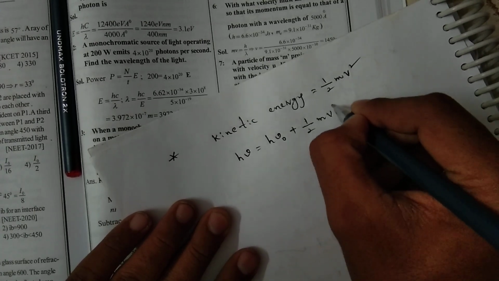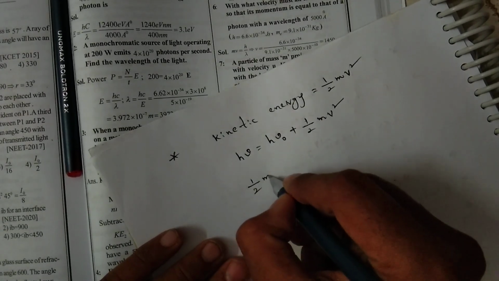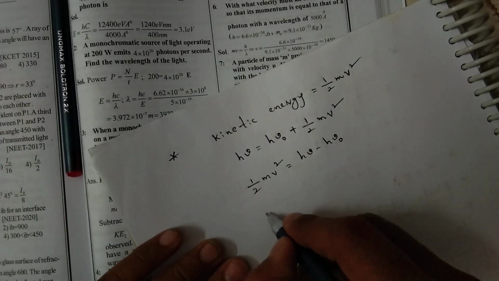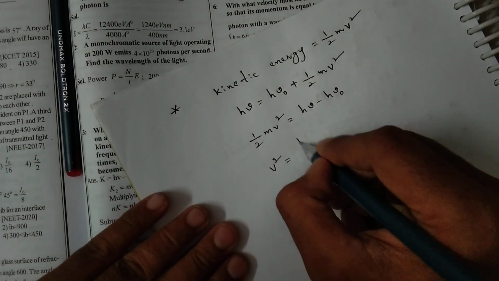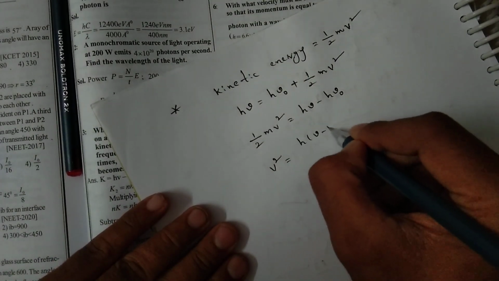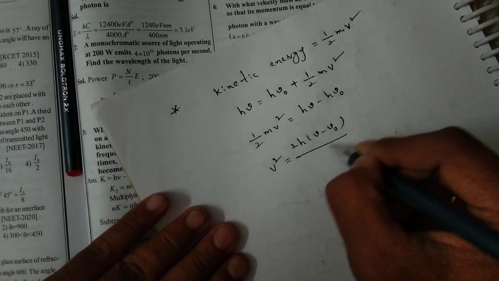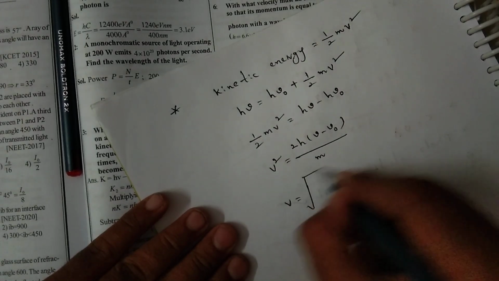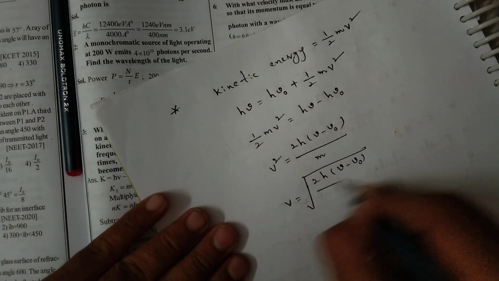Ke is nothing but half mv square. Now half mv square is equal to H nu minus H nu naught. Now v square is equal to, H is common, nu minus nu naught, take the 2 as cross multiplication by m. Then v is equal to root over 2h into nu minus nu naught by m.